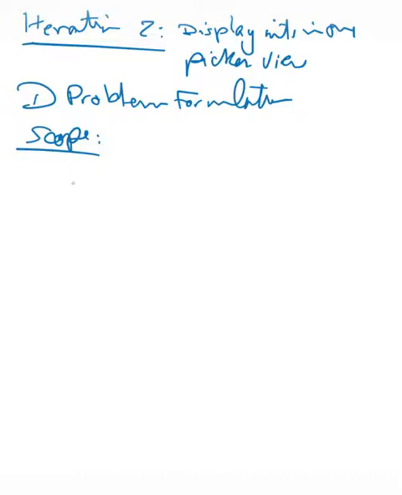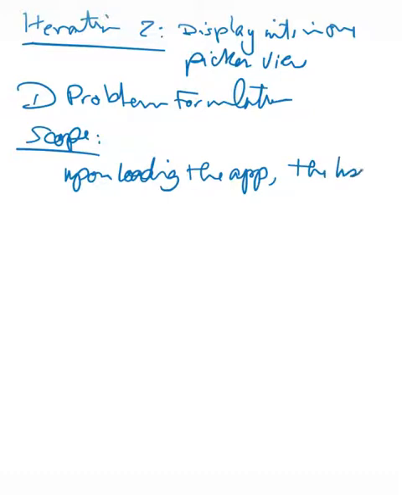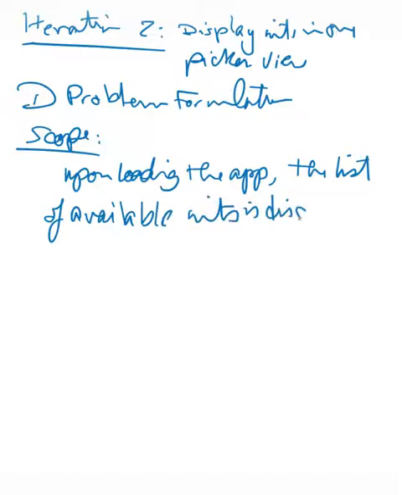So we say in this iteration, we want upon loading the app, the list of available units is displayed in a picker view, like this wheel or the list of the wheels. So that's the scope of the app.